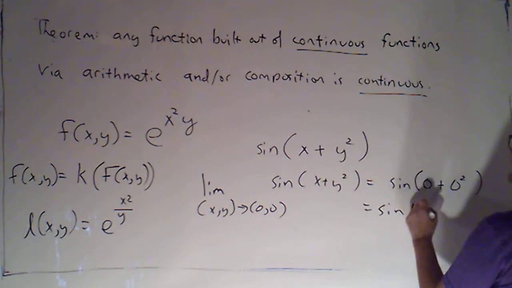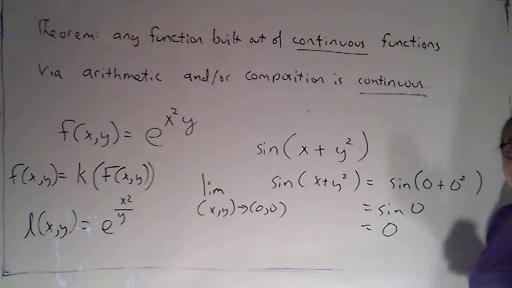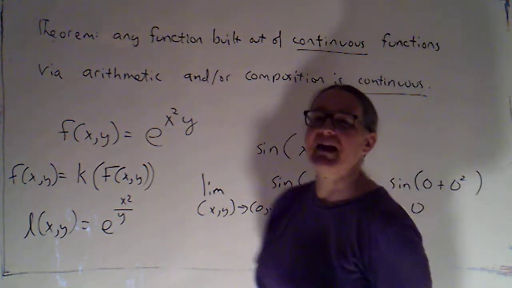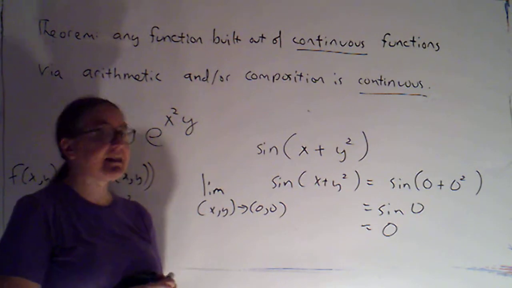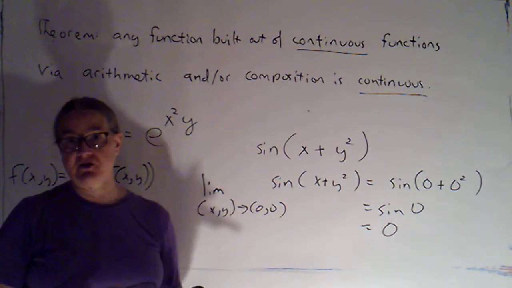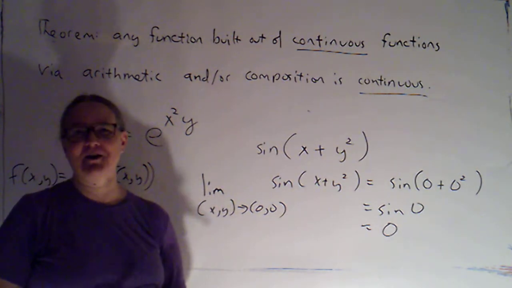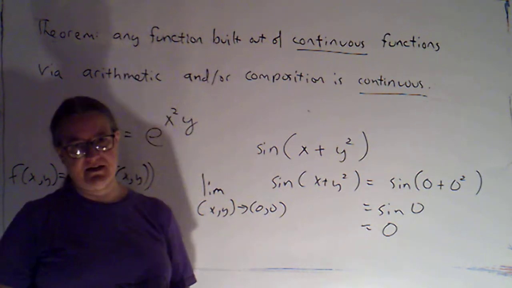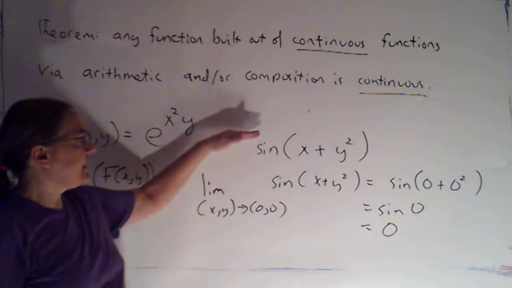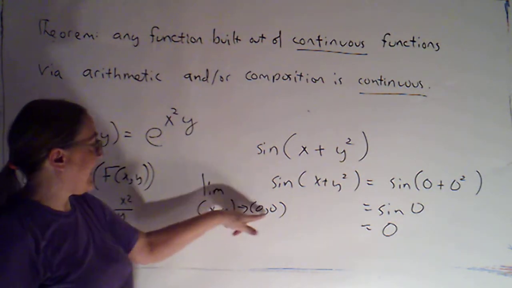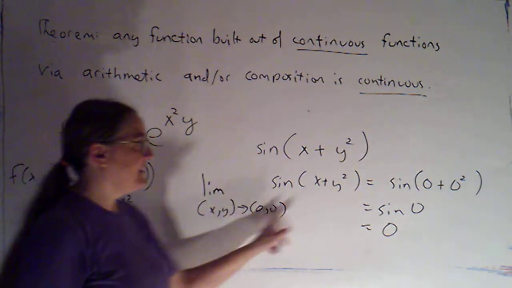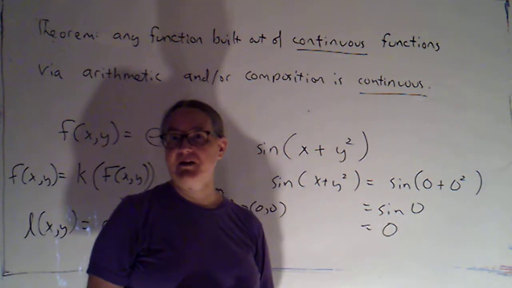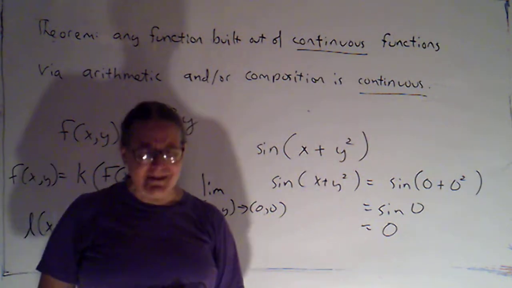That would be sine of 0. That would be 0. So that's the easiest way that we have of evaluating limits if we have a continuous function, and almost all of the functions we're going to be working with will be continuous on their domains. Then if we're evaluating the limit as we approach a point in the domain, we simply evaluate the function at that point. Now, that's not very interesting.